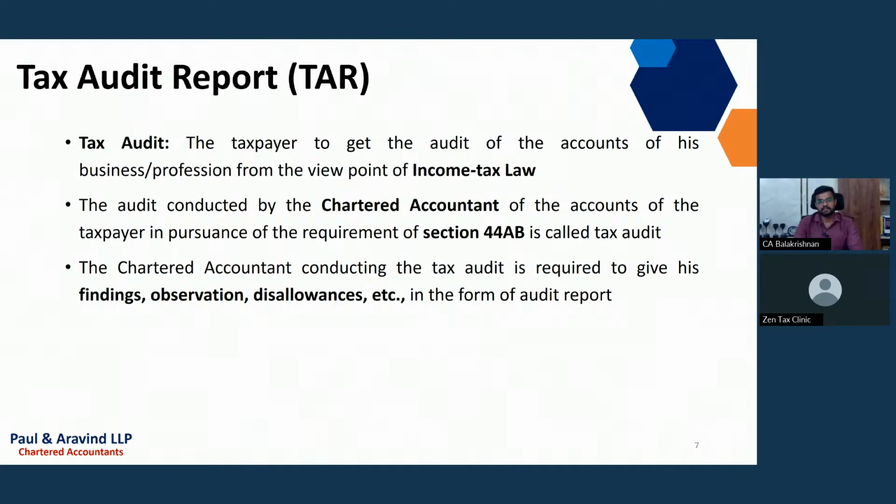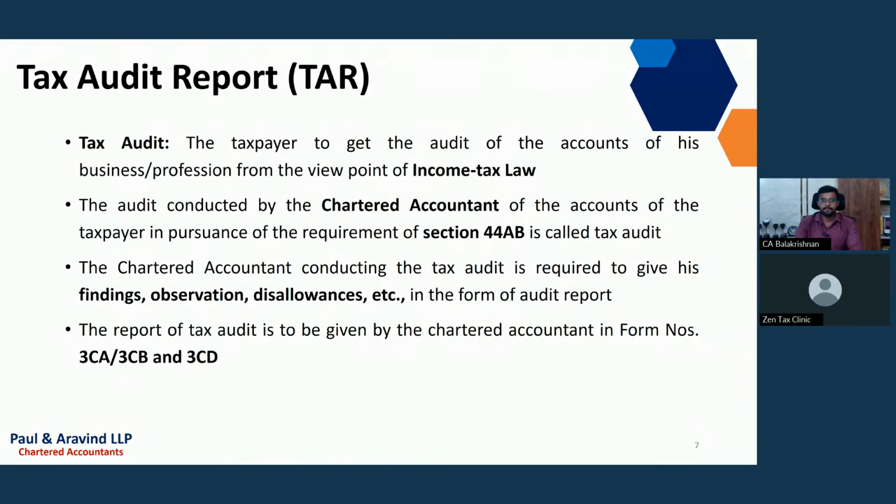They need to go with 3CA, 3CD. If the assessee is not subject to audit under any other law, then they need to go with 3CB, 3CD. For example, for individuals whose turnover exceeds 1 crore or 10 crore, as the case may be, the chartered accountant needs to file 3CB and 3CD. As I said, the forms are divided into 3CA, 3CB, and 3CD. 3CD must be annexed with 3CA or 3CB, as the case may be.